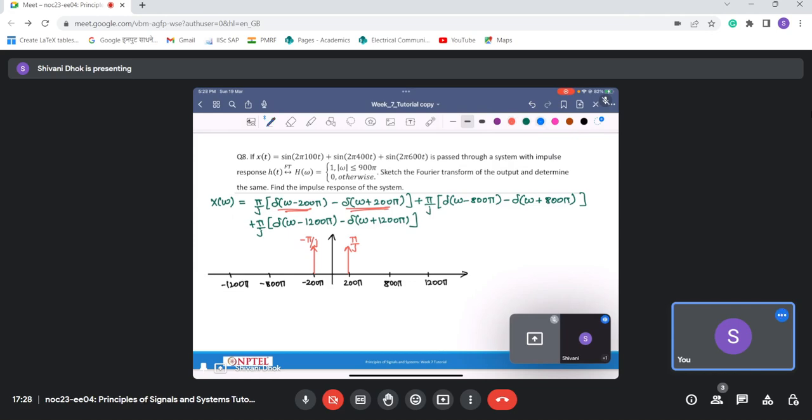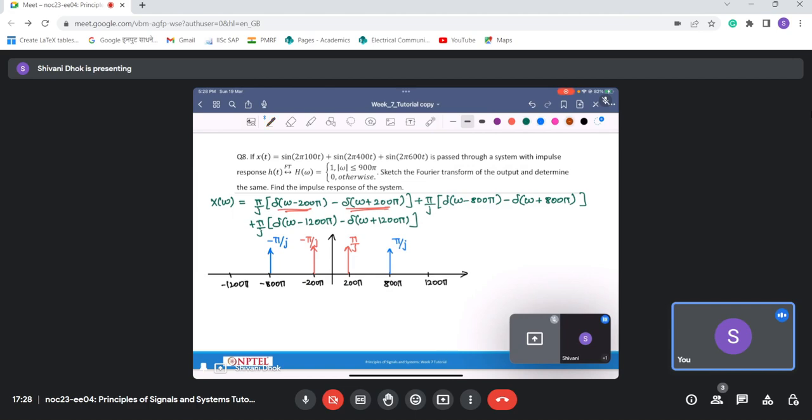Similarly, we have δ(ω − 800π), so another impulse located at 800π with value π/j, and another impulse at −800π with scaling of −π/j.